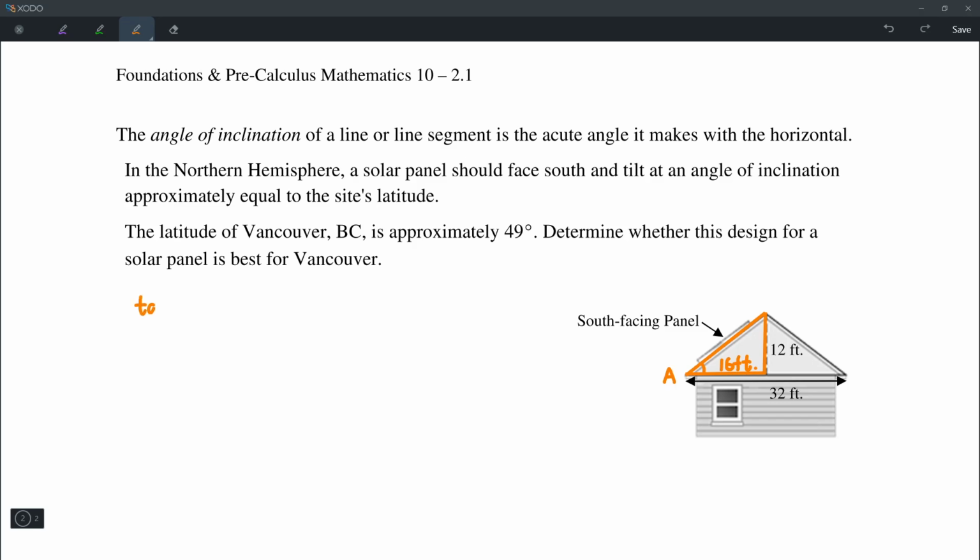So tangent A is equal to simply opposite over adjacent. So in this case, it's going to be 12 over 16. So A by itself is going to be inverse tangent or arctangent of 12 over 16.